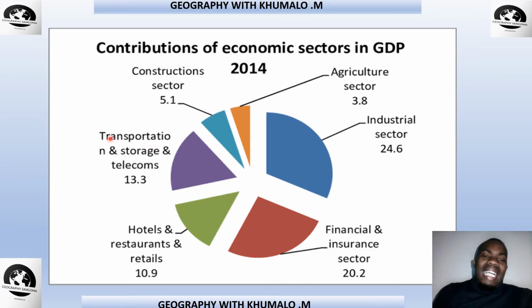Now grade 12s, you will have to be able to identify each of these mentioned activities, whether they are primary, secondary, tertiary or quaternary. So you will have to classify which one falls in which sector.